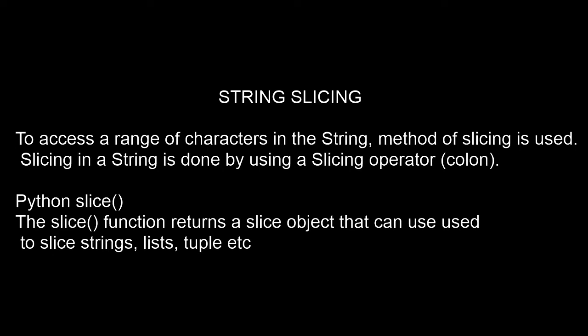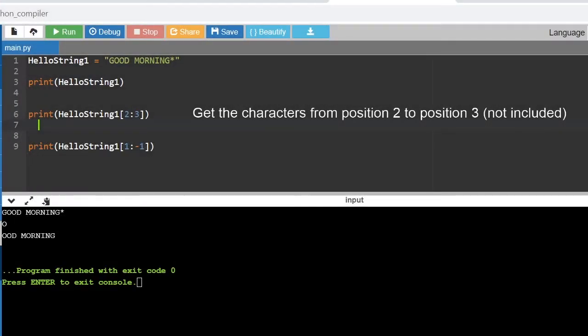Now we will see how we can use the slicing operator colon. This is the example for the slicing operator to access a set of characters from a string. Here the string is defined as hello string 1 equal to good morning, then it is printed, then hello string 1 2 colon 3.